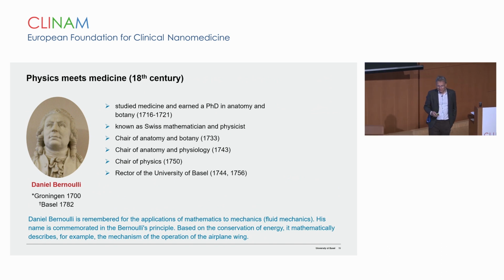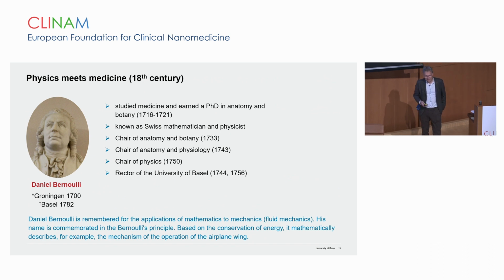Daniel Bernoulli was studying medicine first and earned a PhD degree in anatomy and botany here in Basel. Nevertheless, he is known as a Swiss mathematician and physicist. And after a while, he was trained also by his father and so forth, and switched from the chair of anatomy and botany via the chair of anatomy and physiology to the chair of physics.